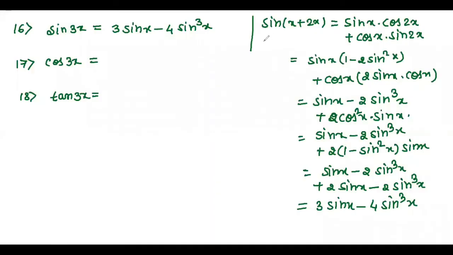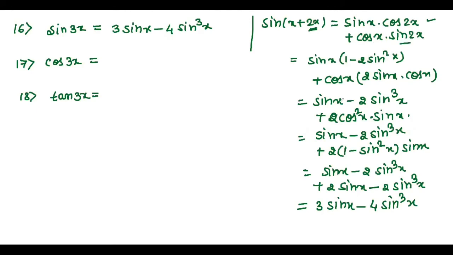We are applying x equals x, but y equals 2x. So applying the formula of sin of x plus y: sin x into cos 2x plus cos x into sin 2x. Now cos 2x is 1 minus 2 sin square x, then cos x, and sin 2x is 2 sin x into cos x.